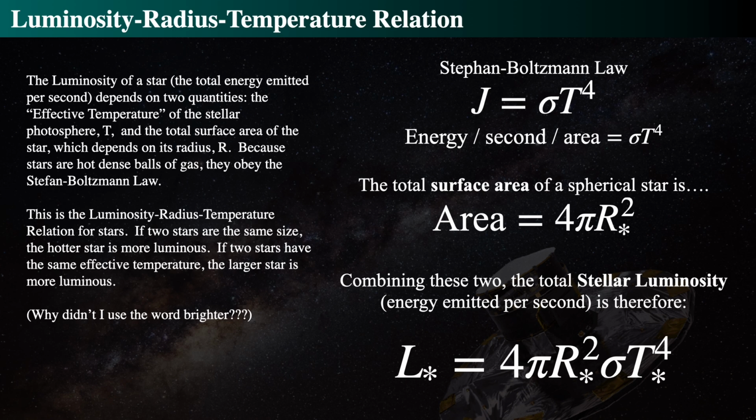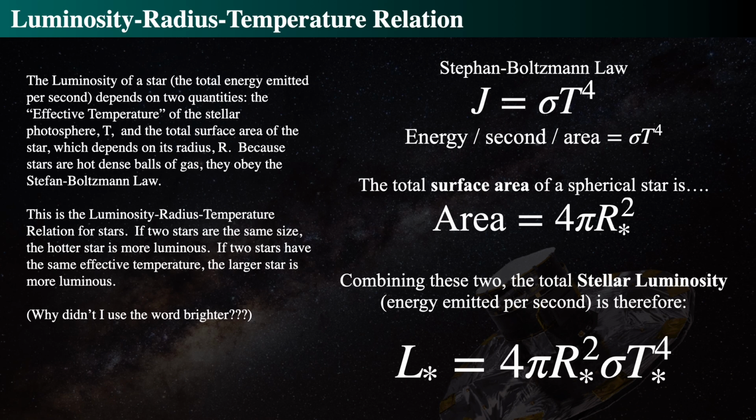This is what's called the luminosity-temperature relation for all stars. If two stars have the same radius, then the hotter star must be more luminous. If two stars have the same temperature and one of them is larger than the other, then it's more luminous. Now, it's a really key question. Why didn't I use the word brighter?